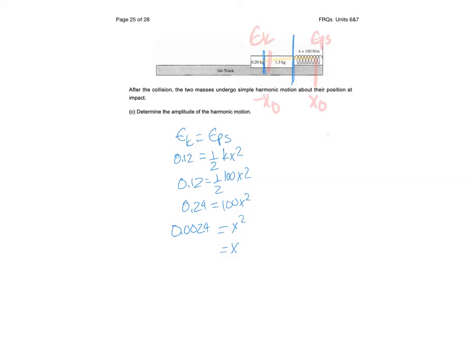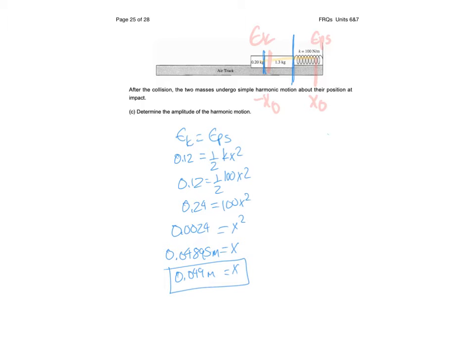It's just very small numbers, and the very small numbers occur because we're dealing in meters. And that gives us an x of 0.04895 meters, and rounded to two significant digits, 0.049 meters, like so.